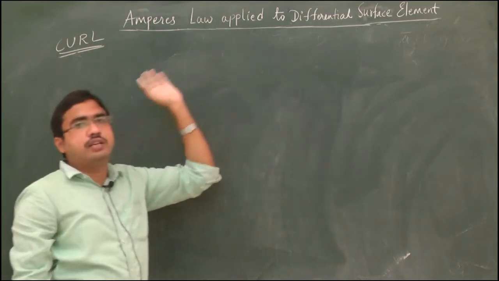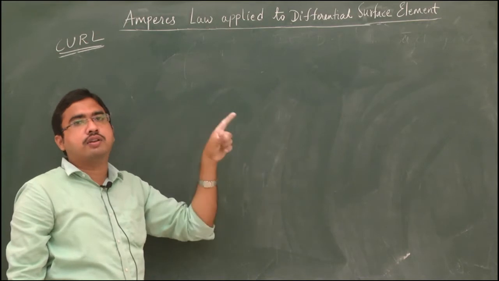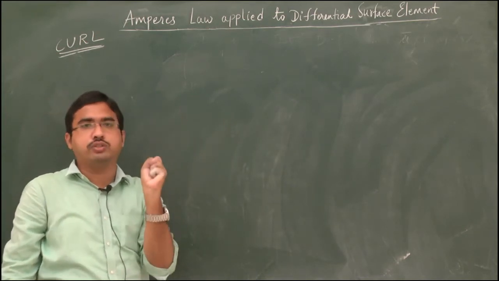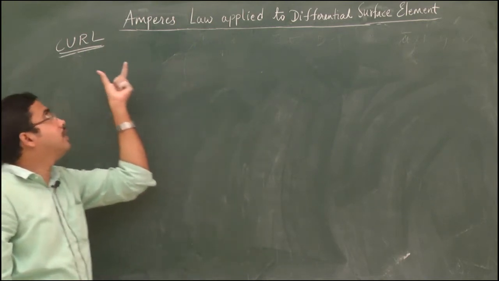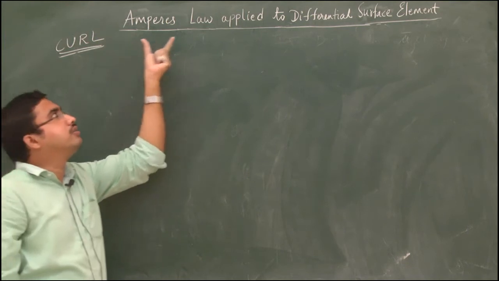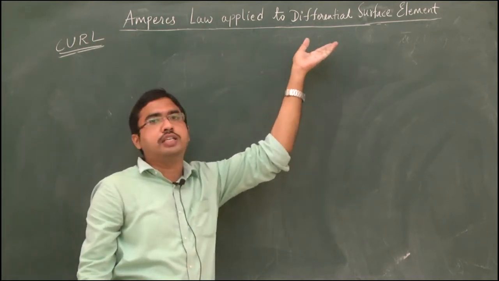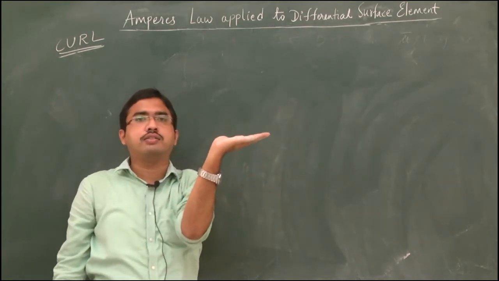See, in the previous derivation, we have applied Gauss law for a differential volume of the element. That volume shrinks to zero slowly. Now, to obtain the concept called curl, we are using Ampere's circuital law which is applied to a differential surface element. Here only we will consider a small surface.